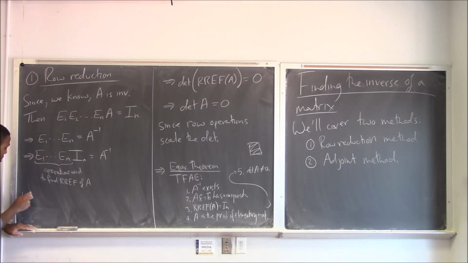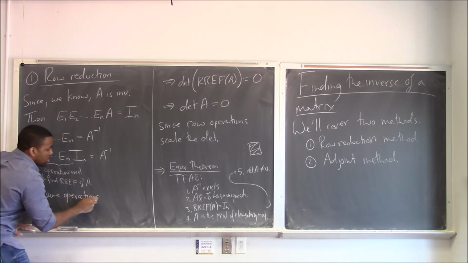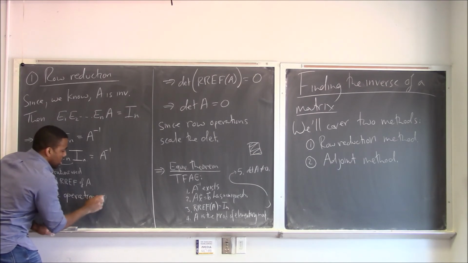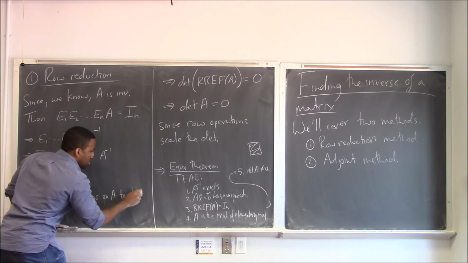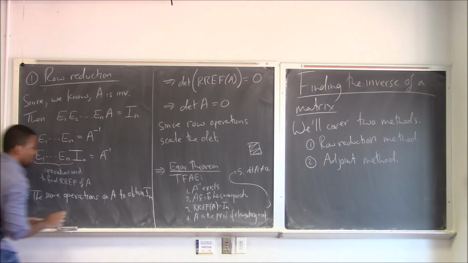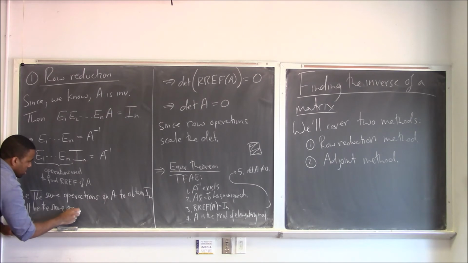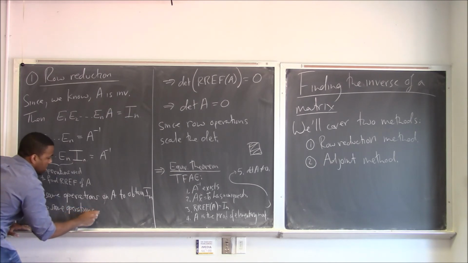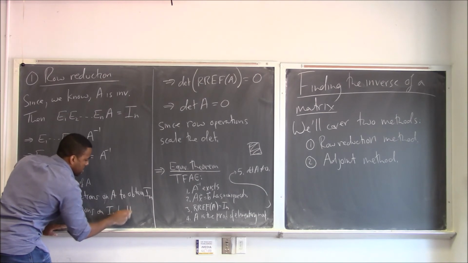That is, the same operations on A to obtain I_n will be the same operations on I_n to obtain the inverse.